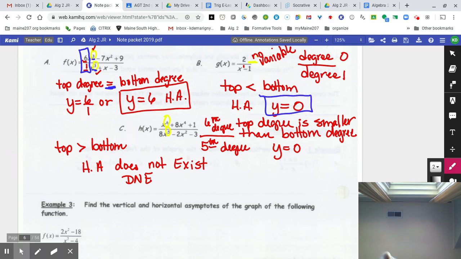I don't have to do any more evaluations. And the last one, letter C, if my top degree is bigger than the bottom degree, then your horizontal asymptote does not exist. It's as easy as that.